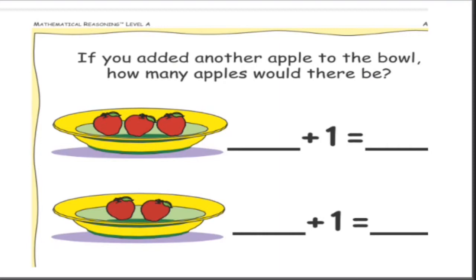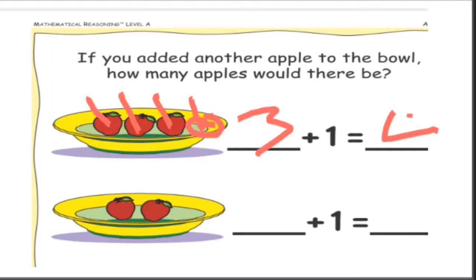1 more apple. So I have 3 apples and I will add just 1 in the plate. You like the apple I drew? Yes. So that means 3 apples plus the 1 I drew will give us how many apples altogether? 1, 2, 3, 4. 4 apples.